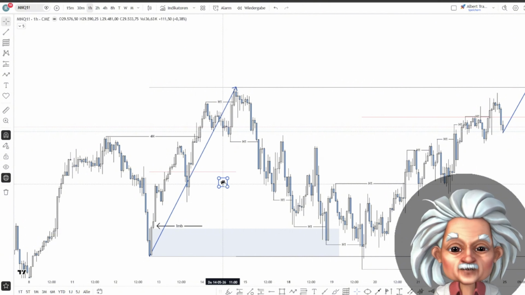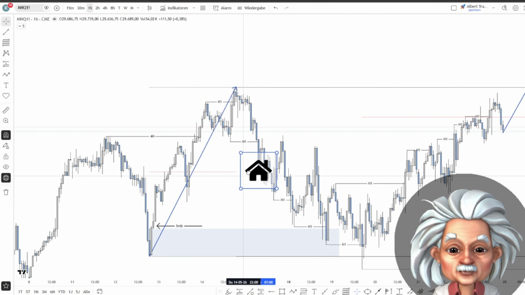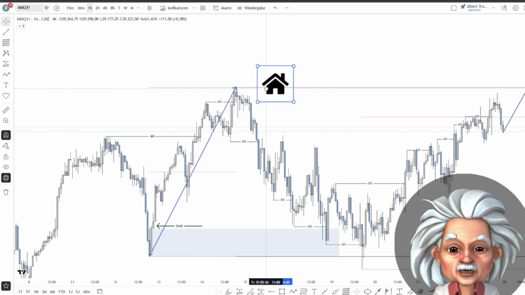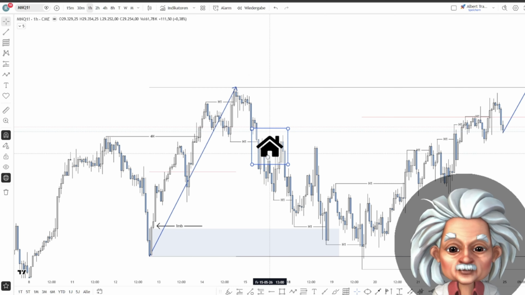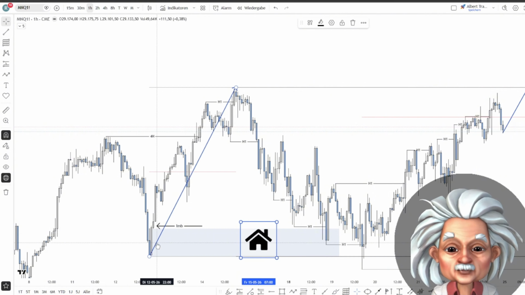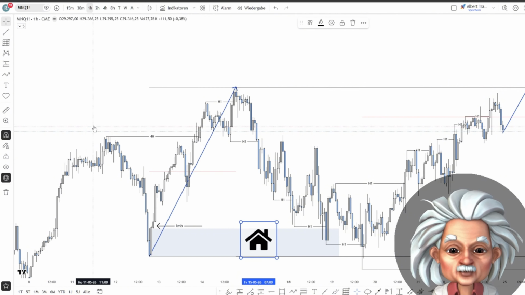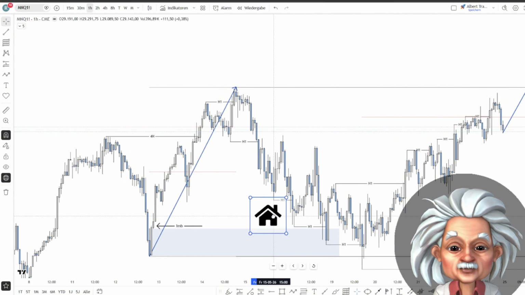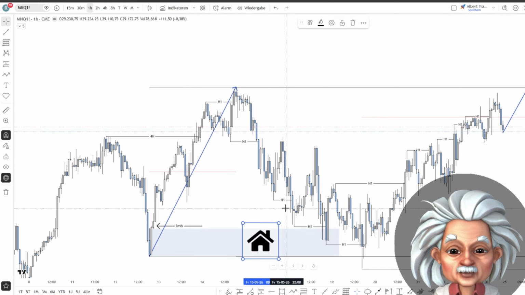So ask yourself, if you want to buy a home, do you want to buy the home at the most expensive price, or do you want to buy the home, for example, from the last longer period, at the lowest possible price in the current situation? Of course, you want to buy your home here.